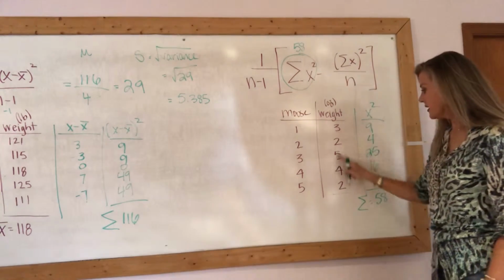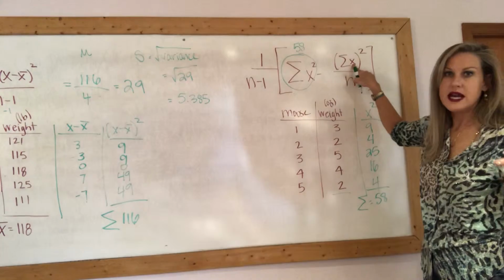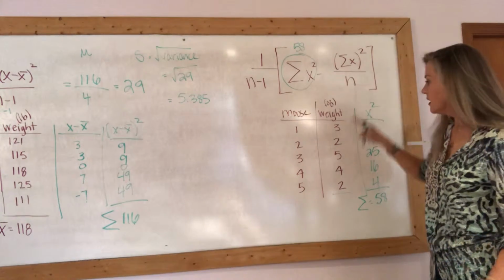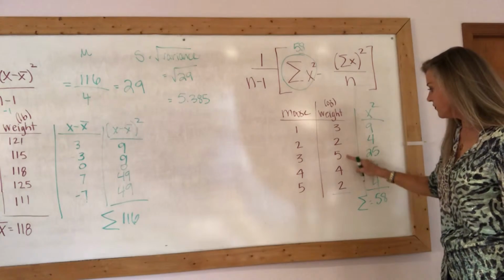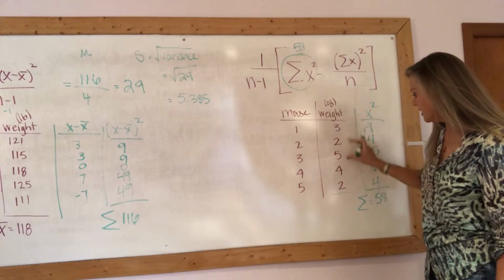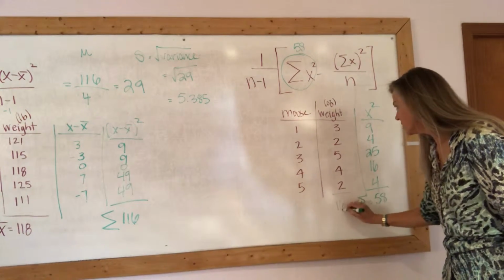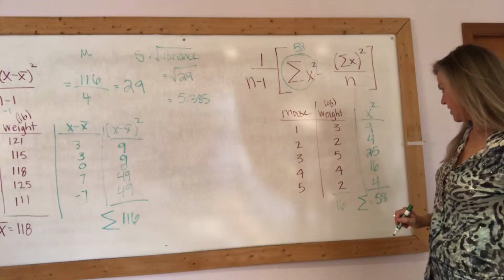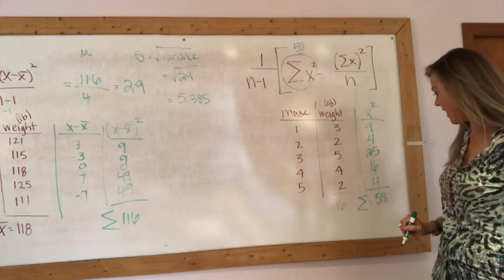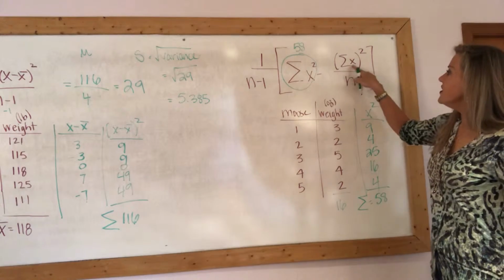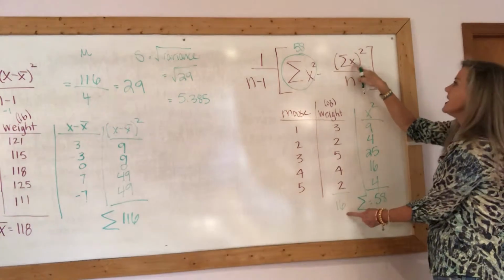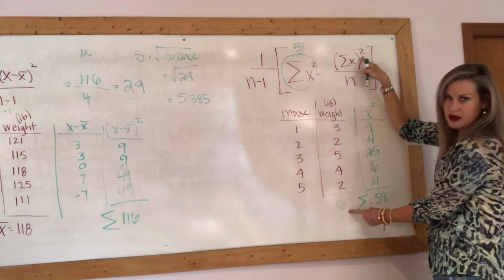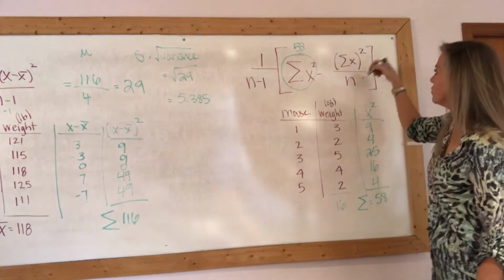So here are my mouse weights, just my regular old mouse weights, not squared. So I'm going to sum those. 3, 2, 5, 4, 2 is 16, I think. Yeah. So this says first add it up, now square that number.